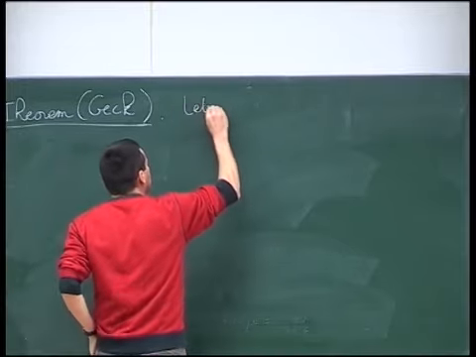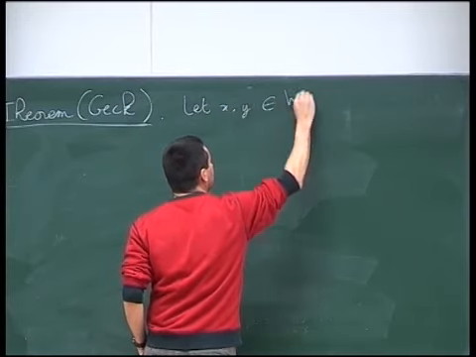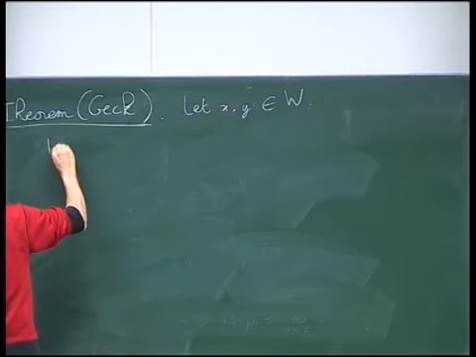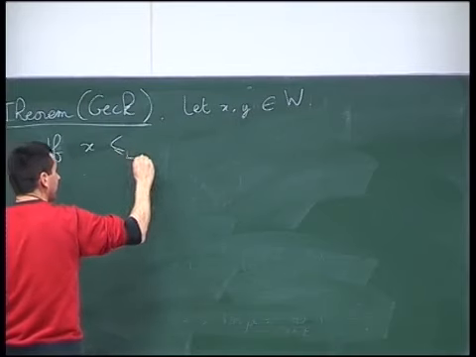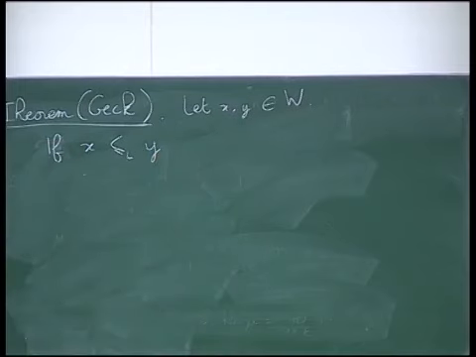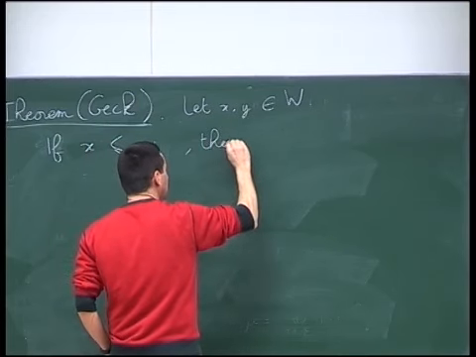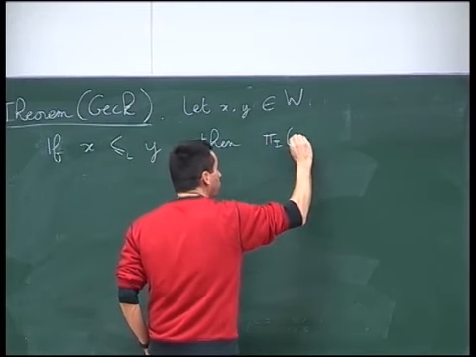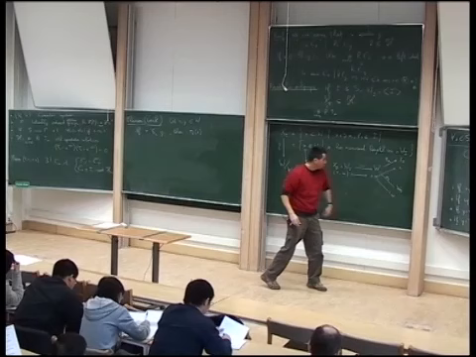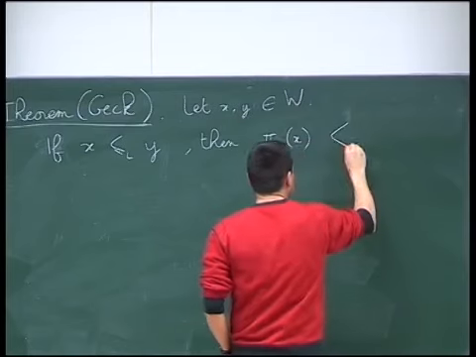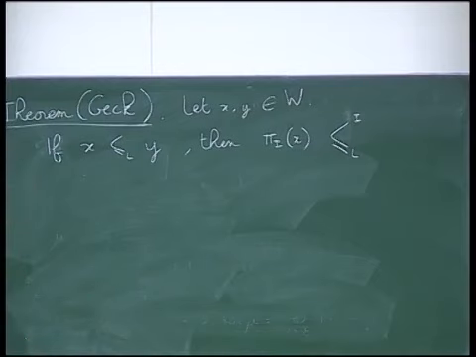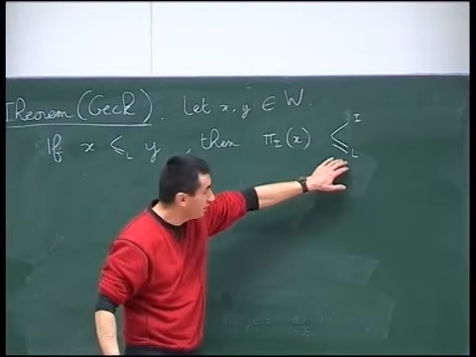Let x, y be elements in W. Then if x is less than left y, their W_I components, namely their image under pi_I, are also related by less than left. I put the I on top because this relation is defined only in W_I.